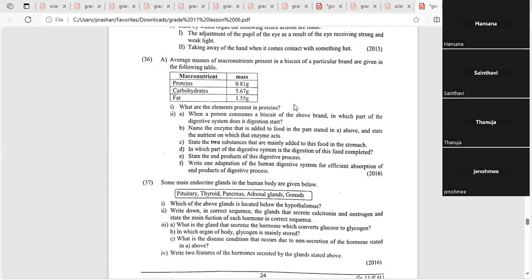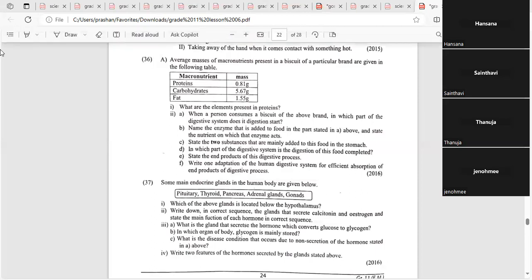Teacher, whether phosphorus is correct. No, phosphorus is contained in nucleic acid, not in protein. Protein contains carbon, hydrogen, oxygen and nitrogen. Okay, phosphorus is wrong.